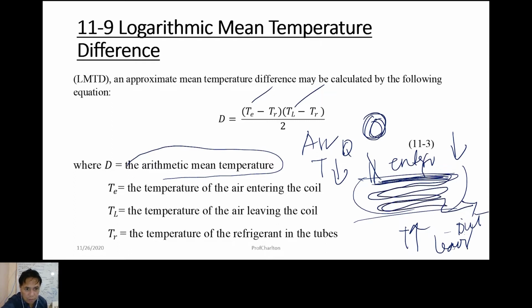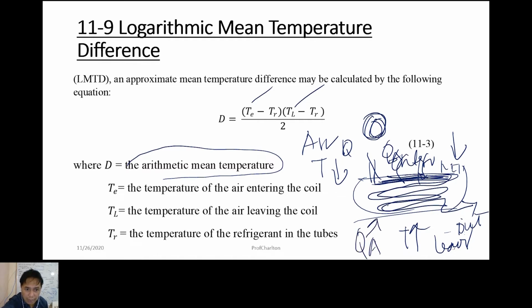Okay? Before, the refrigerant has lower temperature and low pressure. But the air is warm, the hot air comes in contact with the tube. So part of the heat will go to the refrigerant, and the refrigerant will change its form from liquid into vapor because it absorbs heat, QA.